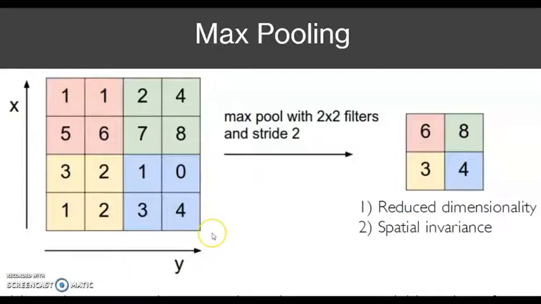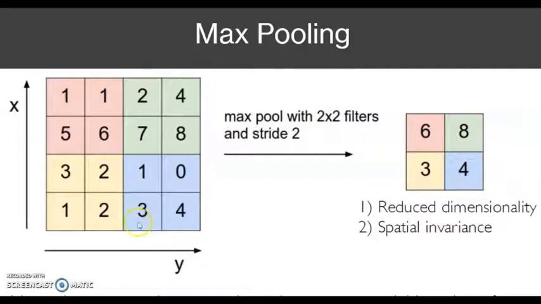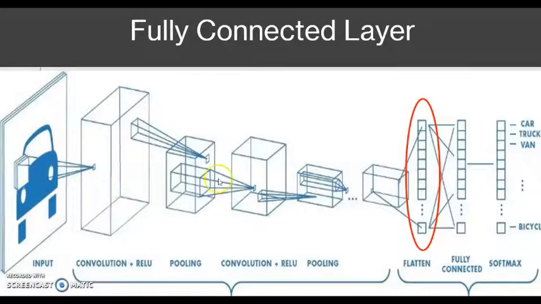Now let's go to the last step before the fully connected layer, which is flattening. The flattening happens right before we go to the fully connected layer. We need to flatten the last convolutional output in order to feed it to the neurons in the first layer of the fully connected layers.